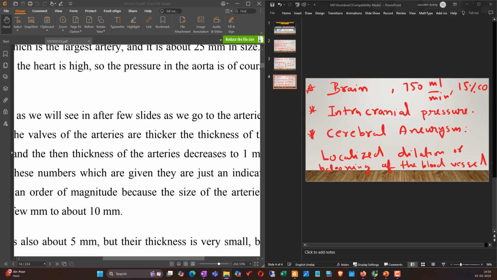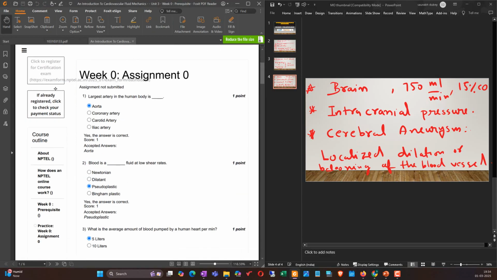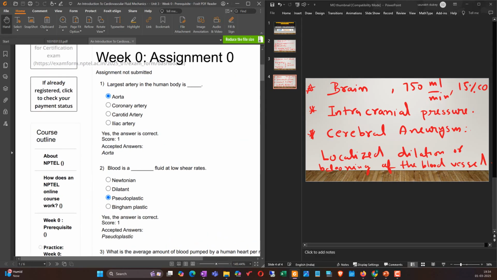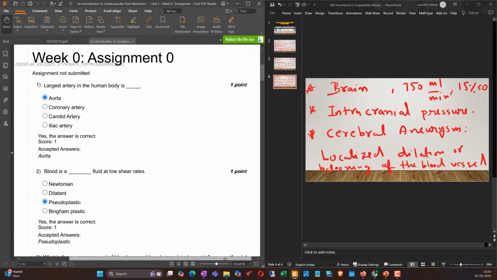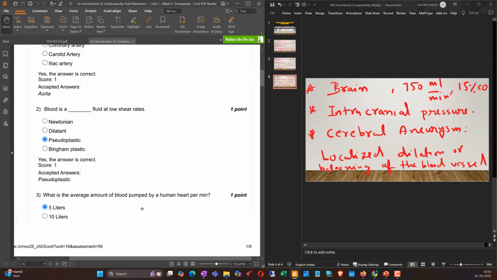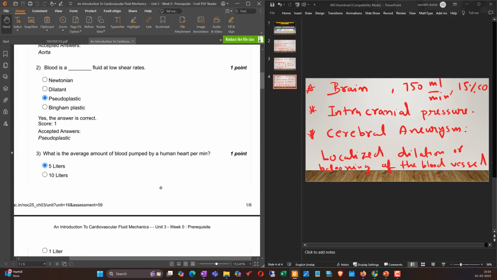Yes, so this was the first assignment. The first question was: the largest artery in the human body. Then aorta. Then blood is what? Pseudoplastic, as I discussed today. What is the average amount of blood pumped by the human being?